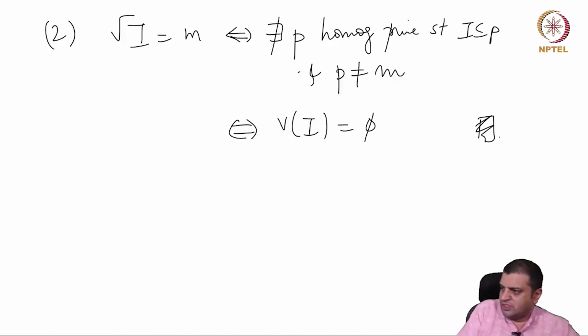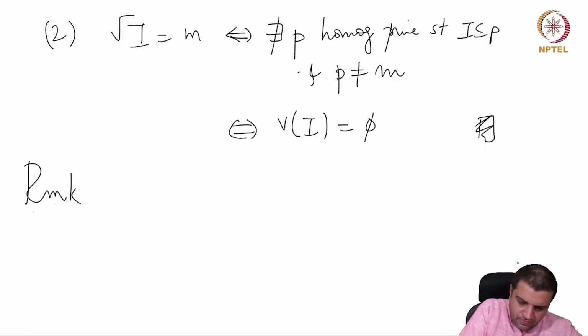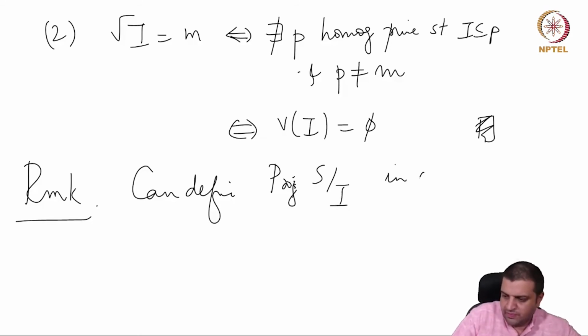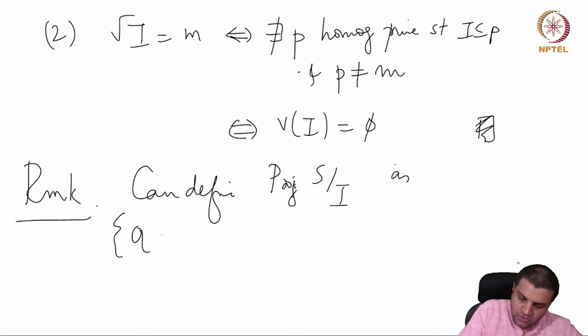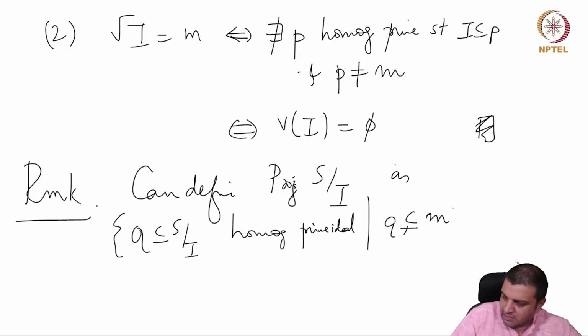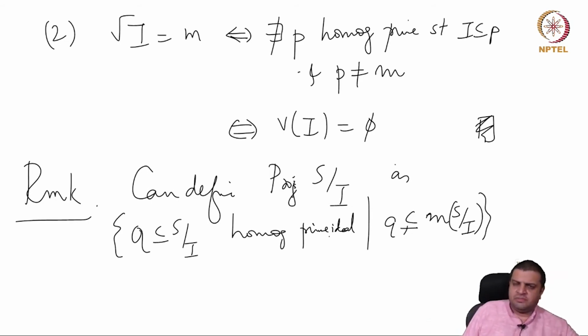So just a remark, we can define Proj of S/I also, in a similar way, as the set of Q inside S/I, homogeneous prime ideals, such that Q properly contains the maximal ideal extended to S/I, which is the unique homogeneous maximal ideal of S/I.